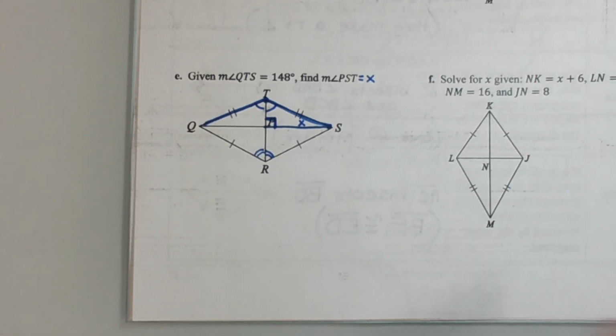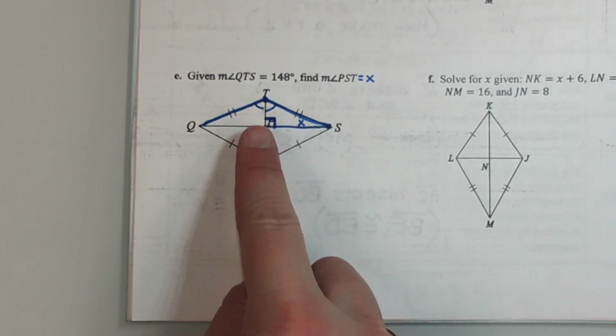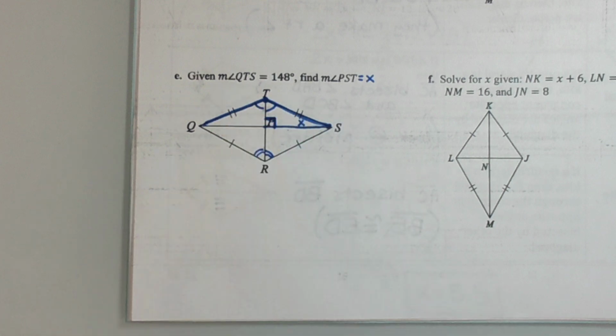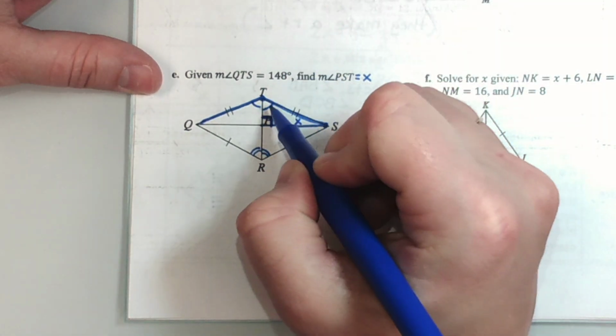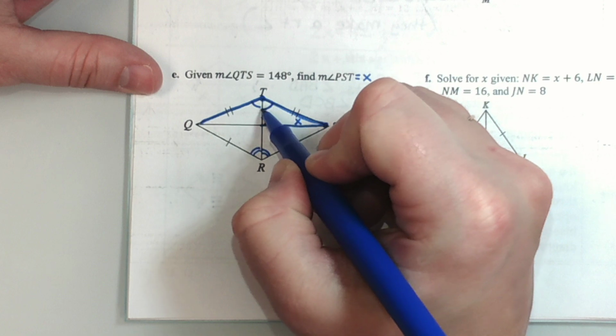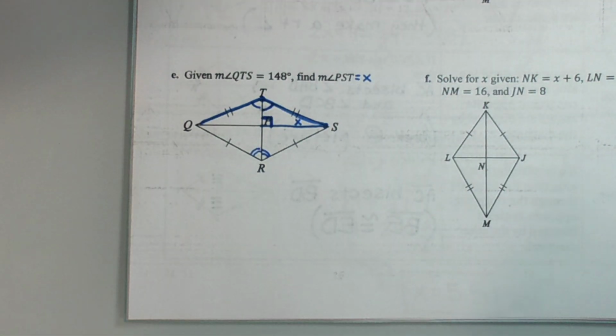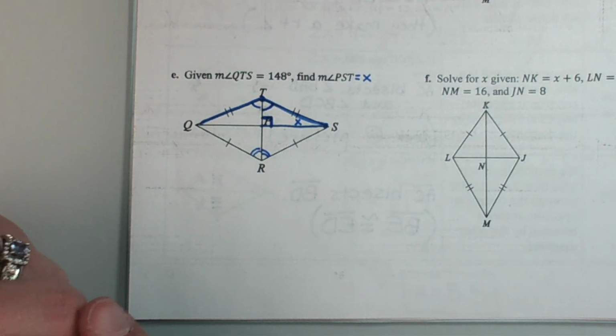Do you notice that we've got a triangle here where there's something marked in every corner? I'm hoping that's going to help me. The only thing is, I'm looking for this. This is 90. Do I know the measure of this one? Cam, you're shaking your head yes. What do we know? The measure of it, what is it? 148.